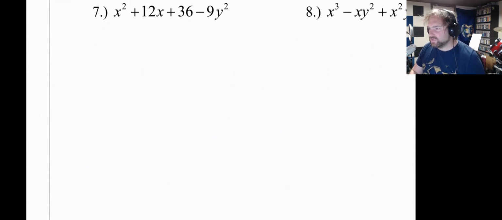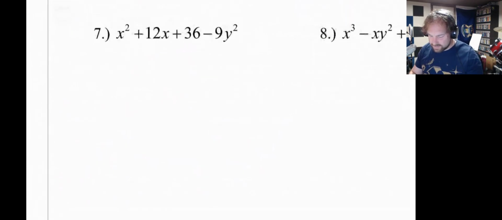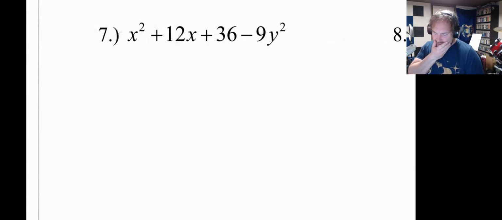So this first one, number 7, let's see. I'm looking down the line. I don't notice anything. There's nothing that everything has in common. If I factor out an x out of those two, it becomes x plus 12. But the other term has y in it, so I don't think that's going to be a thing we can do.